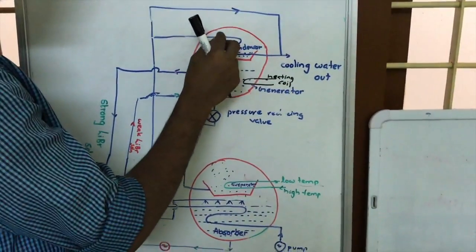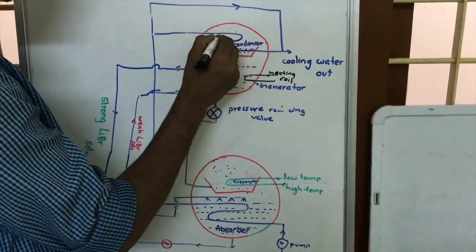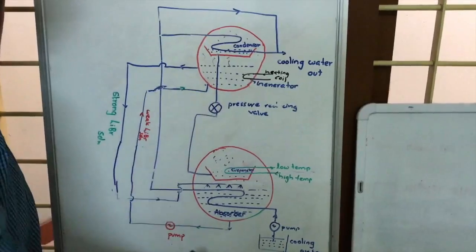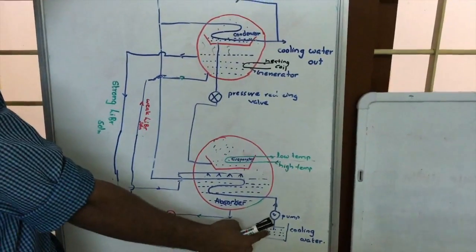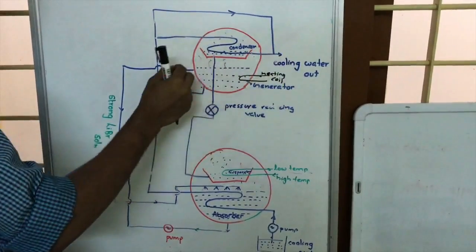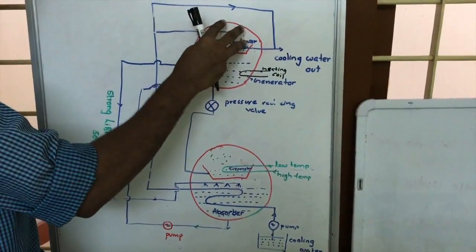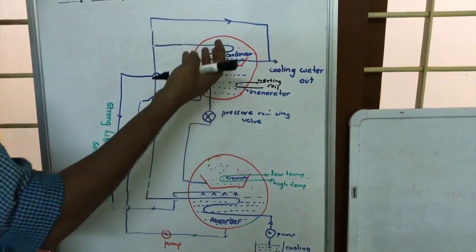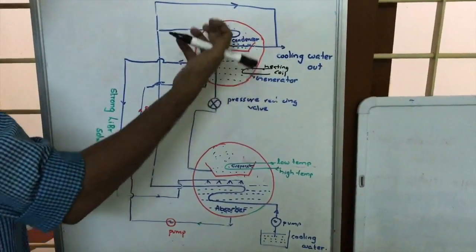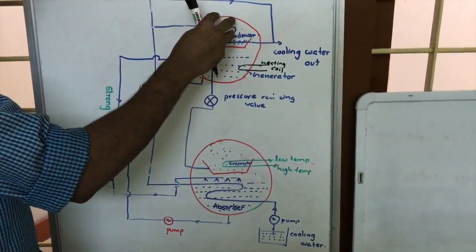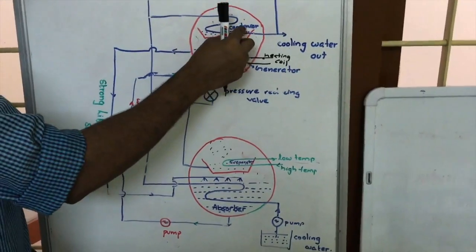This water vapor which is coming here will get condensed, because we are using a pump and cooling water. Cooling water will be pumped through this line, such that this cooling water will absorb heat from this water vapor, and this water vapor will get condensed, and we will get a liquid.